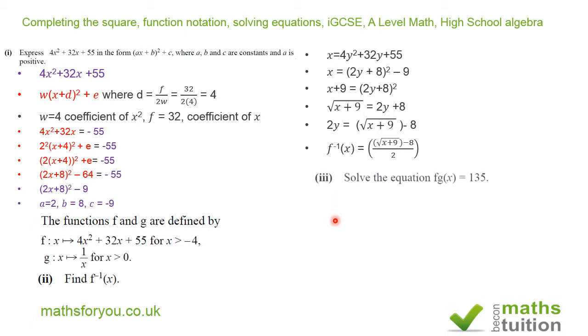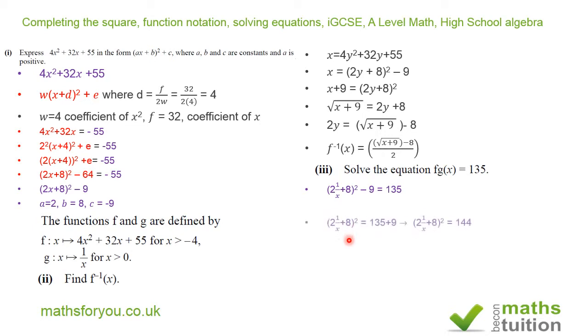And now for part 3, it says solve the equation f of g of x is equal to 135. Again, for this exercise, I'm going to do it using this format, except that I replace my x with 1 over x. So I then have that 2 times 1 over x plus 8 all squared minus 9 is equal to 135.